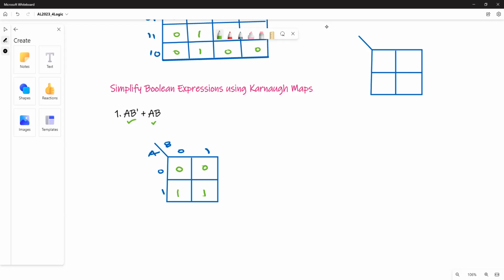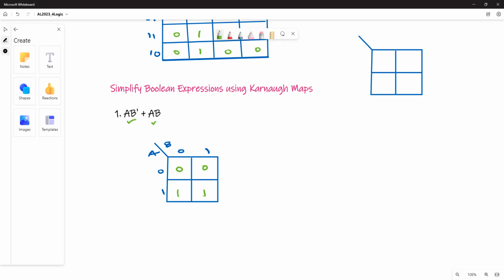Now let's discuss how we simplify these Karnaugh maps. To simplify the Karnaugh maps, there are some rules we need to follow, right? First of all, we are going to group, right? We are going to group only ones. That's the first one you need to remember.